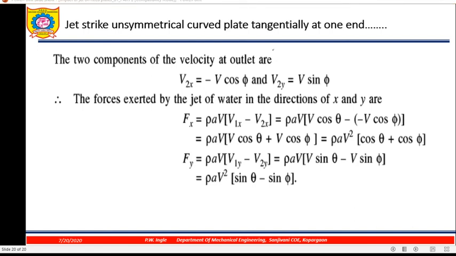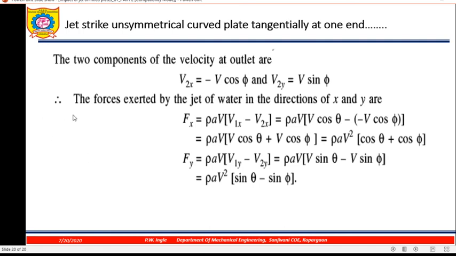So till now we have discussed, number one, impact of jet on a fixed plate which is kept perpendicular; then impact of jet on a fixed inclined plate; then impact of jet on a curved plate which has a center impact; then impact of jet on a curved plate in a tangential direction which is a symmetrical plate; and impact of jet on an unsymmetrical curved plate in a tangential direction.